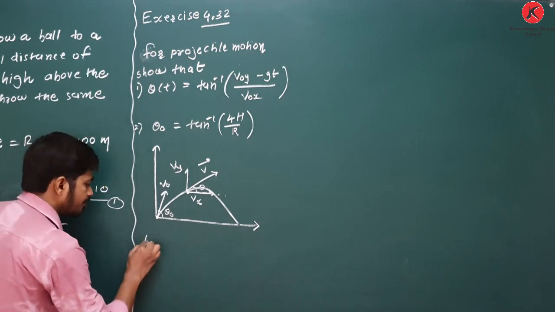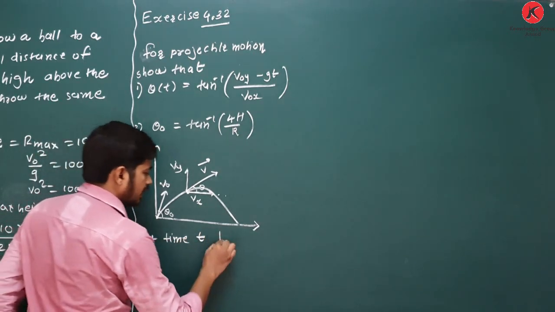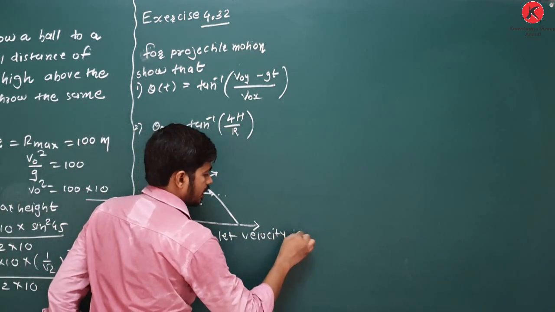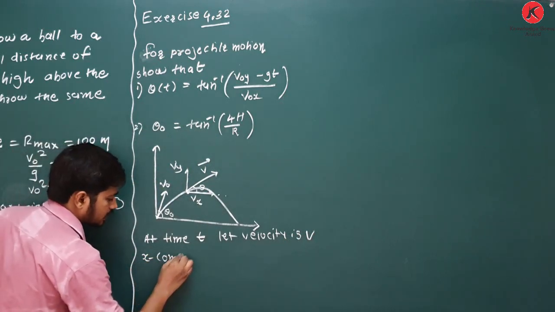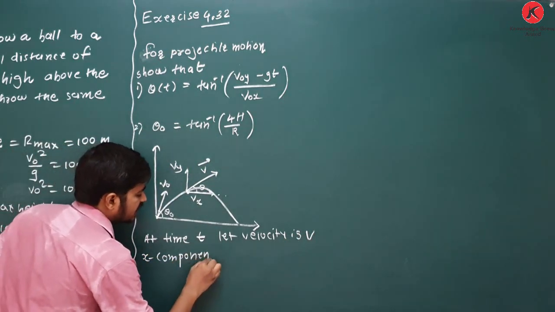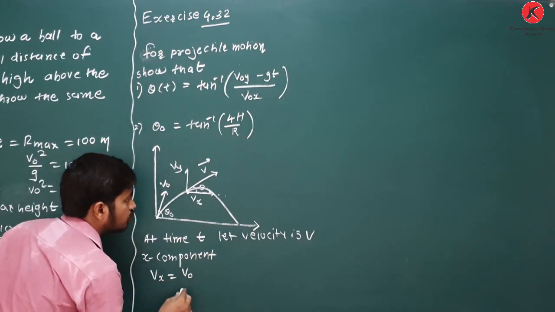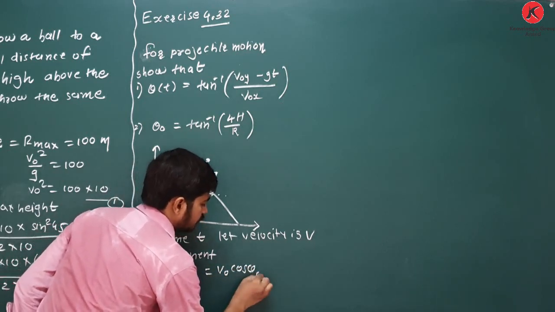So at time t, let the velocity be v. Its x component is vx, which is equal to v0x, or we can say v0 cos theta 0, if you remember.